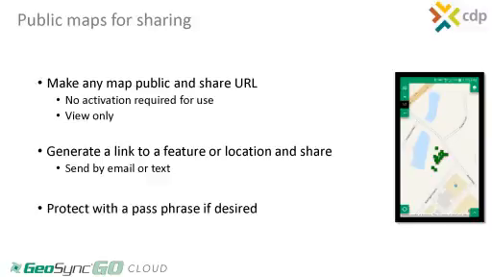You can generate a link to a feature or location, which is also a nice feature. At any time, if you select a manhole or a valve on the map, it's very easy to grab a link and send it to someone by email or text, and when they click that link, the map will open in a browser and zoom right to that feature or location that you selected.